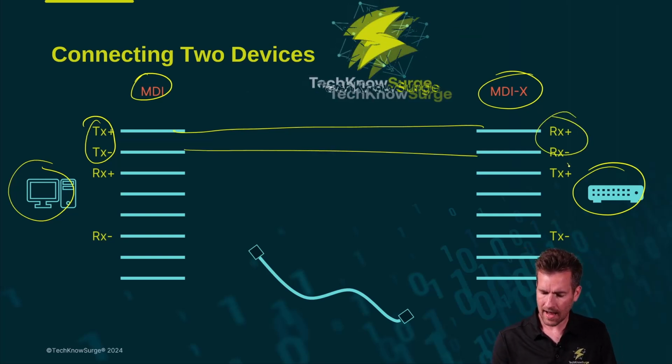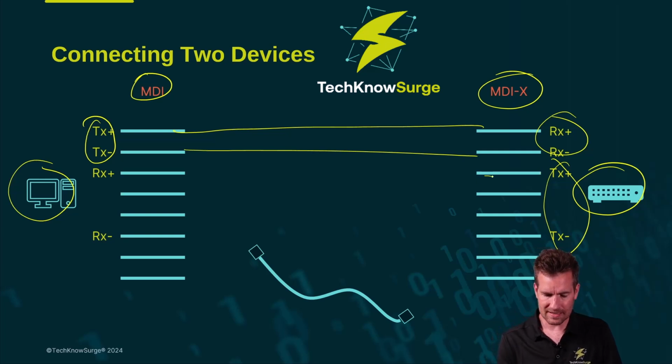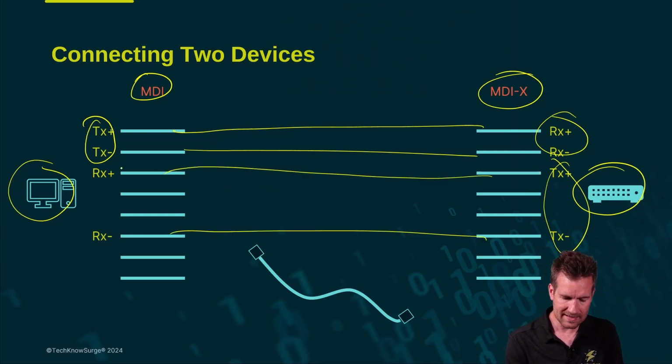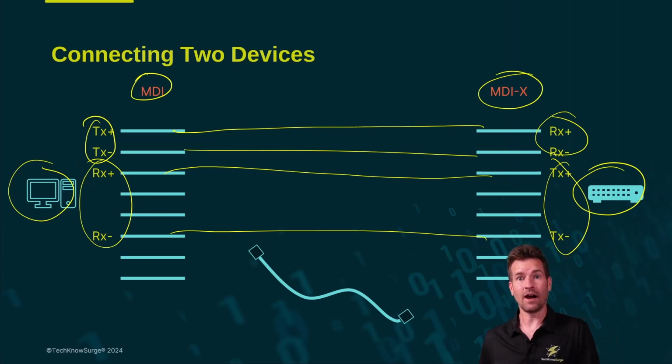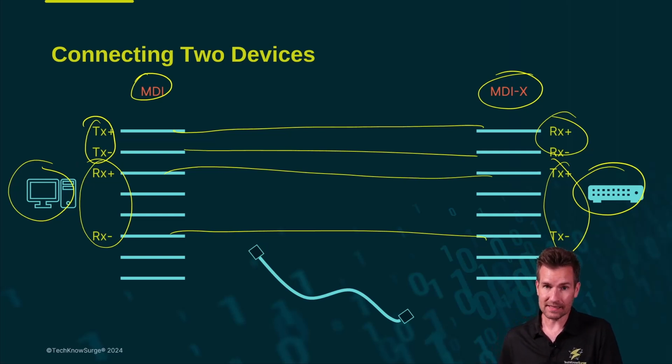And then the talking piece of the switch is connected to the receive, or the ear, of the computer. Now one is talking and the other is listening on one line, and the other is listening and the first is talking on the other line. So it all works out. Now we have a communication that's happening because we have this MDI versus MDIX setup on each of the sides.